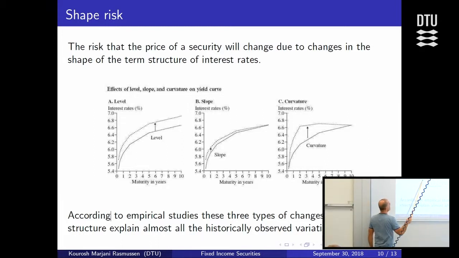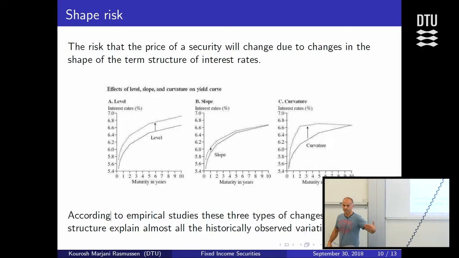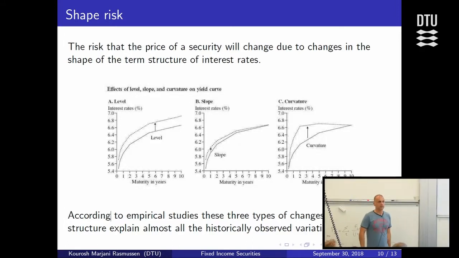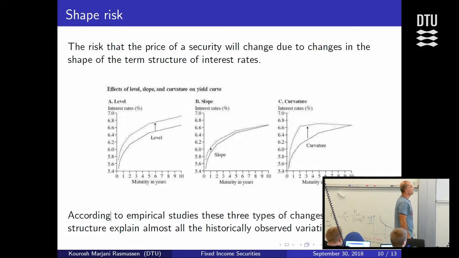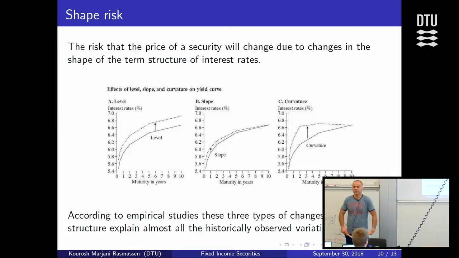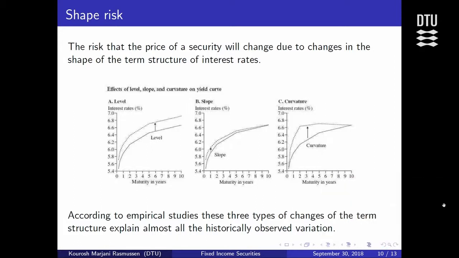If you take each point in this graph, it can change by the same level. That's why it's called a change in the level of your yield curve, a level change, right? I can also think of this as a parallel shift. So it's a change in level, or it's also called a parallel shift. And in many cases, this is what you would see.